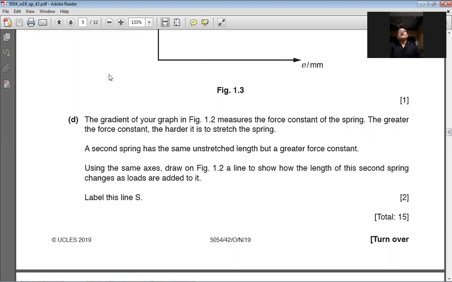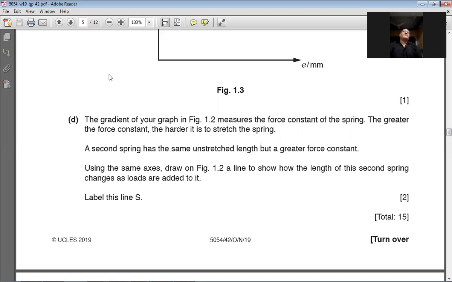So the slope of the graph in figure 1.2 is equal to the force constant of the spring. And the second spring has the same unstretched length, but a greater force constant. So using the same axis, draw on figure 1.2 a line to show how the length of this second spring changes as loads are added to it.